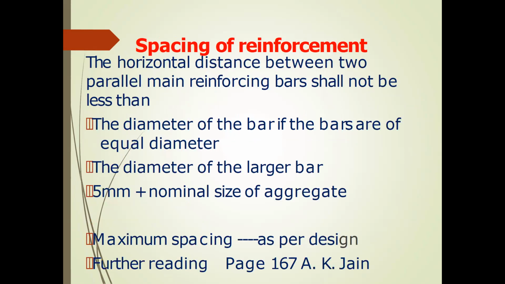Spacing of the reinforcement: the horizontal distance between parallel reinforcement bars shall not be less than the diameter of the bar if the bars are of equal diameter, or the diameter of the larger bar if there are two different sizes. It should also not be less than 5 mm plus the nominal size of the aggregate.